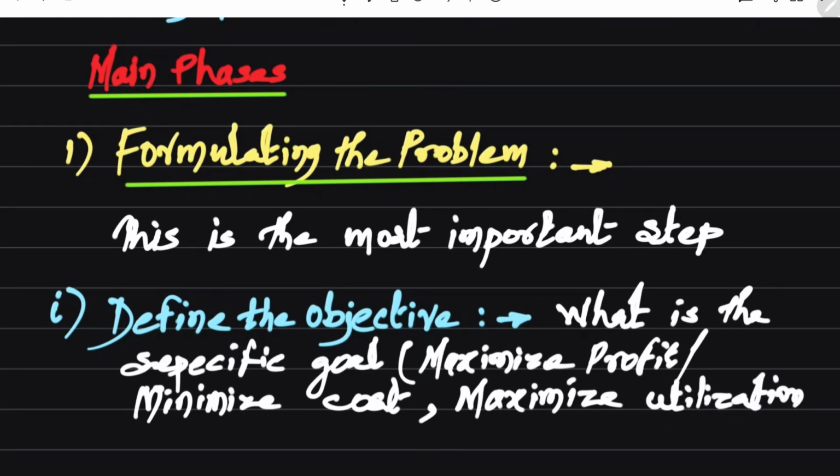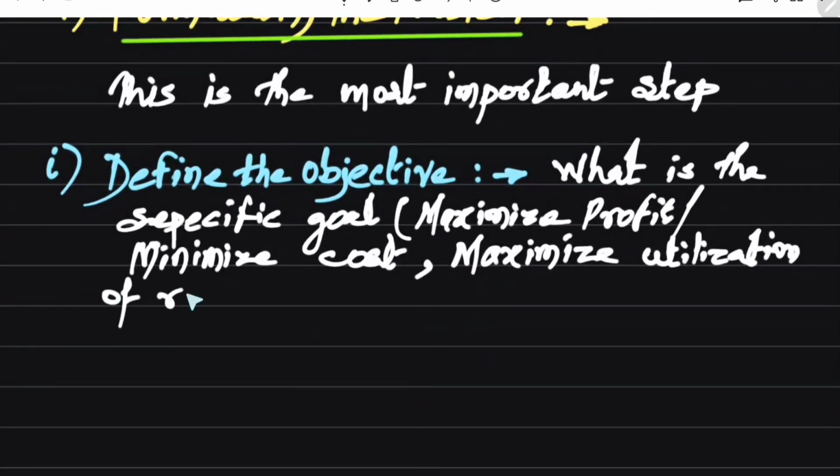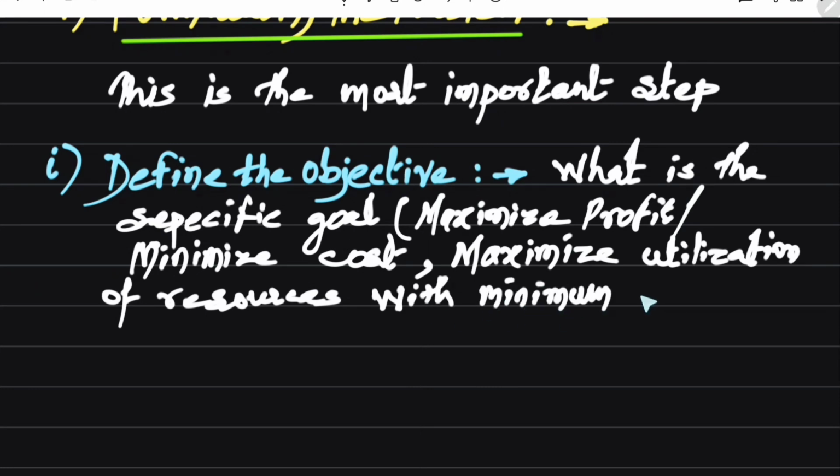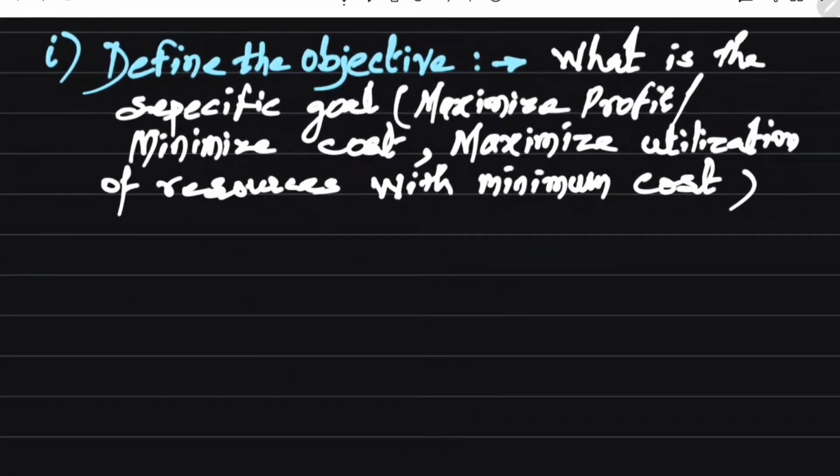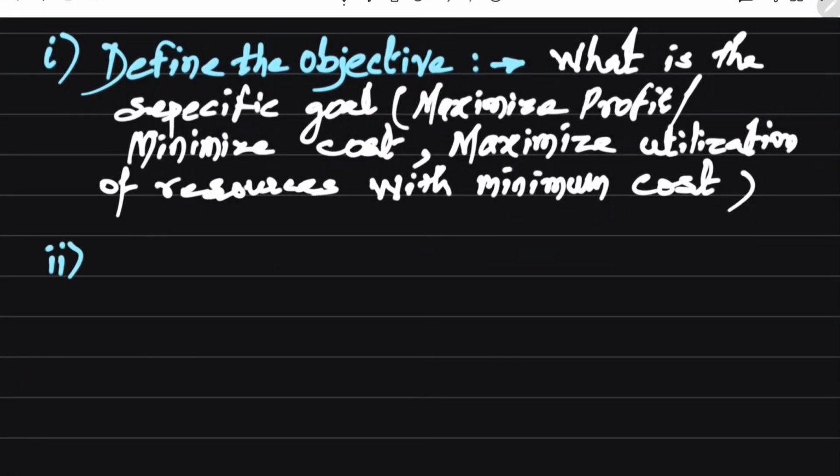Second point is we have to identify decision variables.